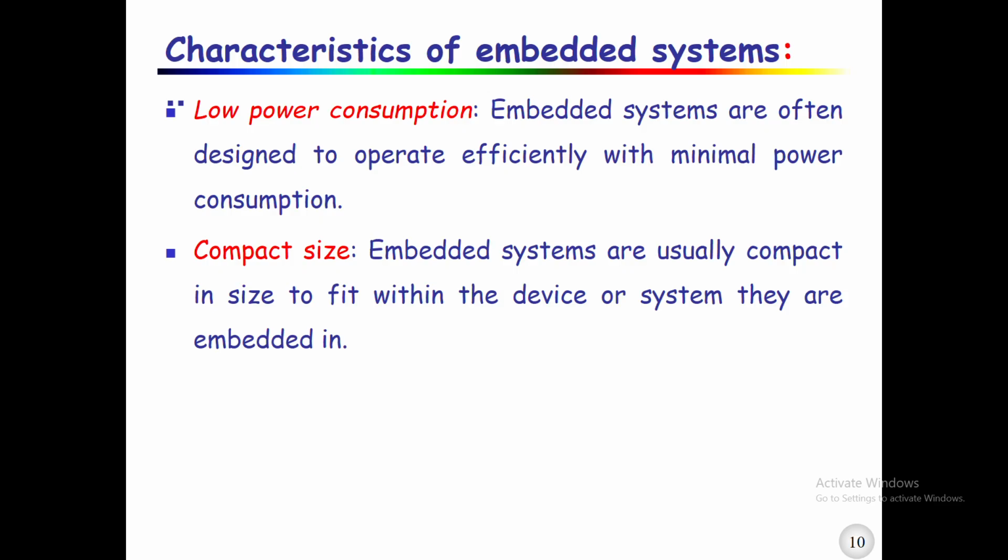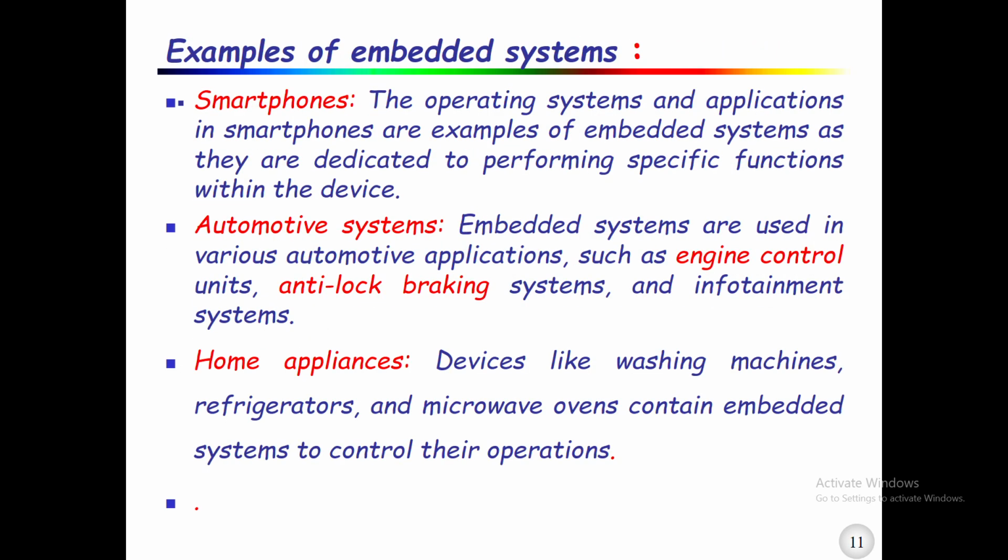So we need a compact size so that we can easily embed it into our devices, and it should fit within the device or system it is embedded in. Okay, so we need compact size hardware.